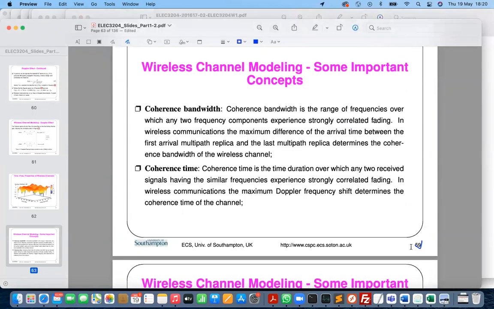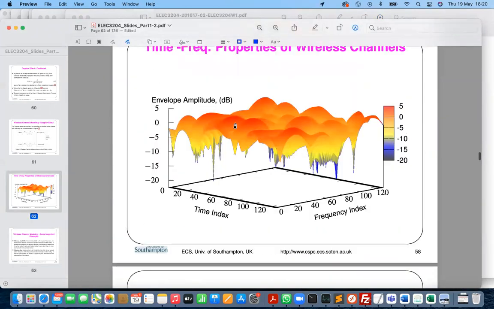Basically, the fading channel changes over time and over frequency, in both the time domain and frequency domain. Coherent time defines an interval where the fading is considered constant, and coherent bandwidth is an interval in the frequency domain where fading is considered constant.